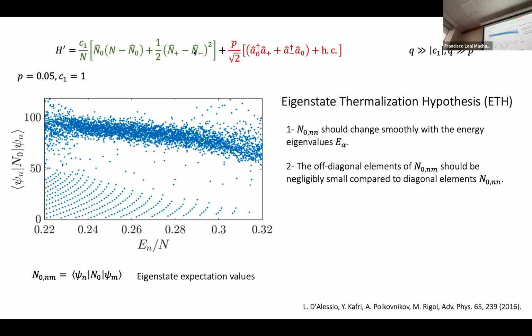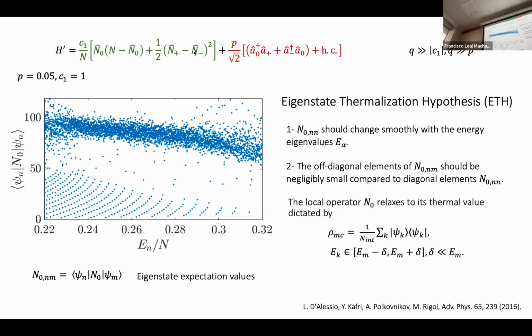They basically need to change smoothly with the energy eigenvalues, while the second one is about the off-diagonal elements, which need to be negligibly small compared to the diagonal elements. If these criteria are satisfied, then we know that the local operator N0 is going to relax to the thermal value dictated by the microcanonical ensemble that we constructed in a narrow energy window in the spectrum. That also means that any one state that we take in the energy window is going to be enough to describe the thermalization properties of the system.